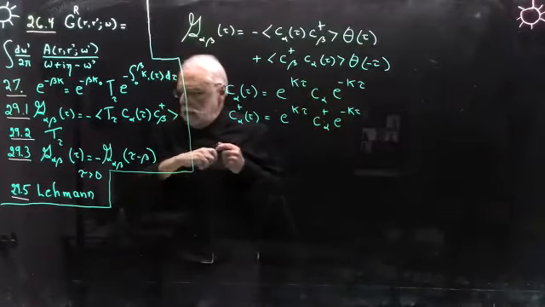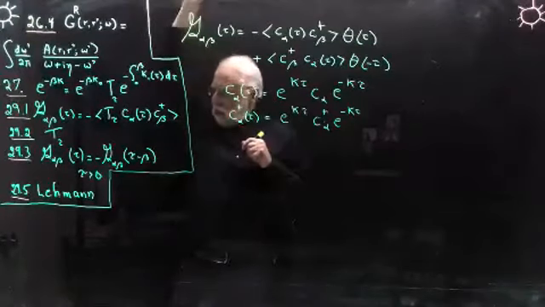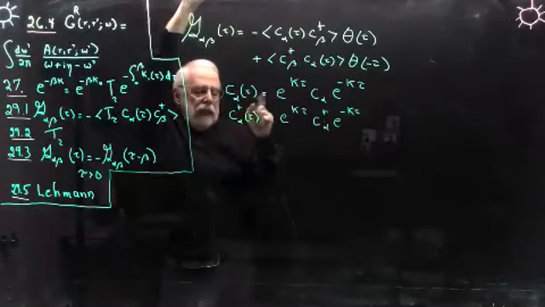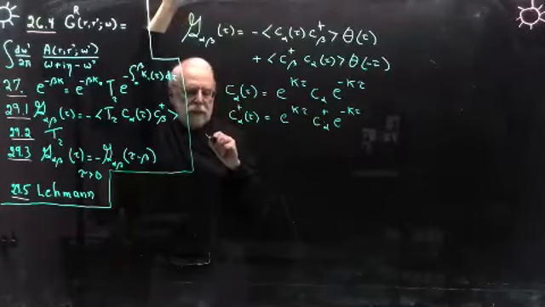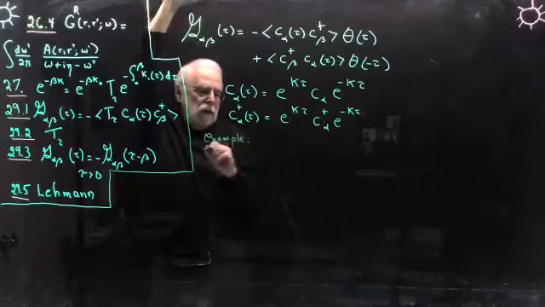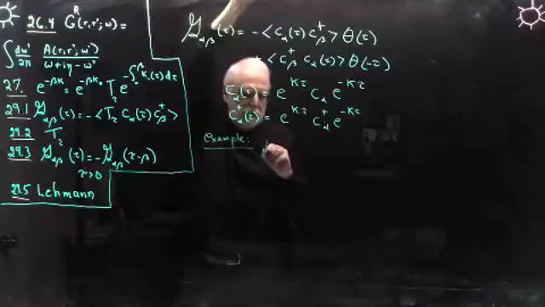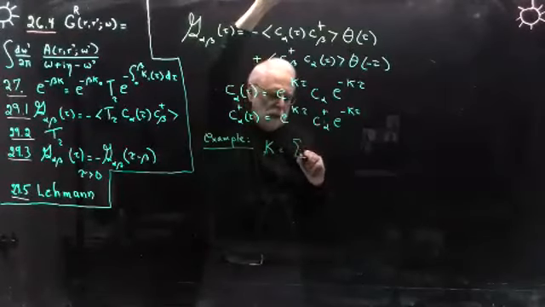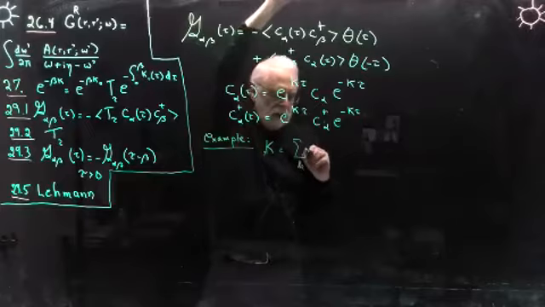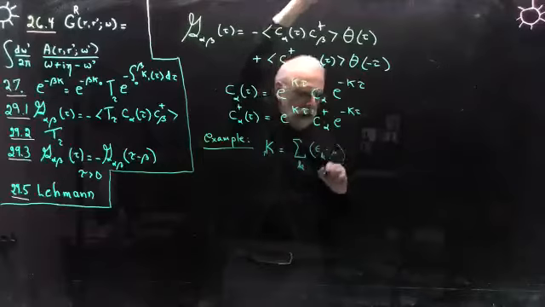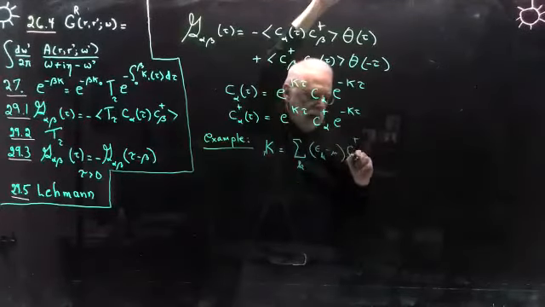Now let's take an example. Let's take K equal to the sum over k of epsilon k minus mu times c dagger k c k.